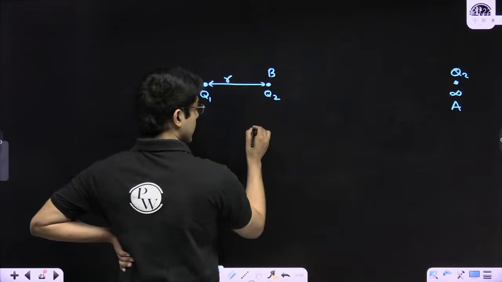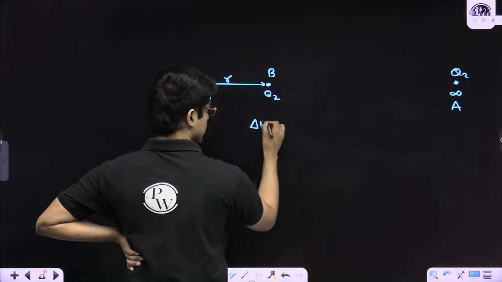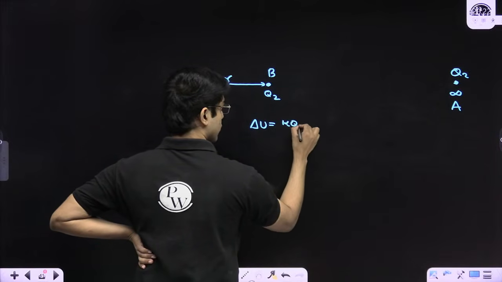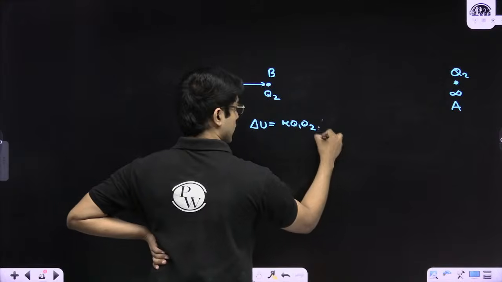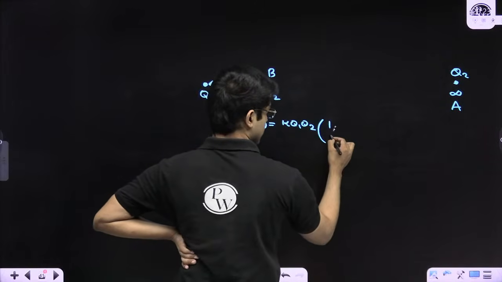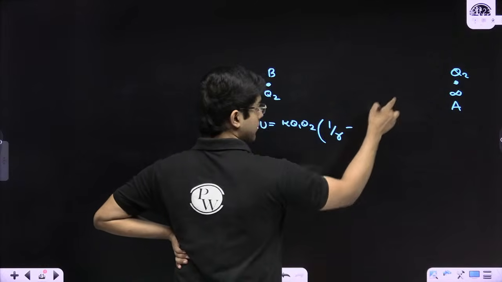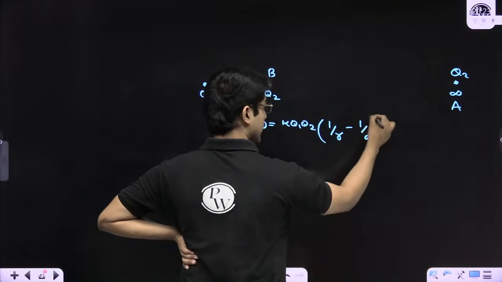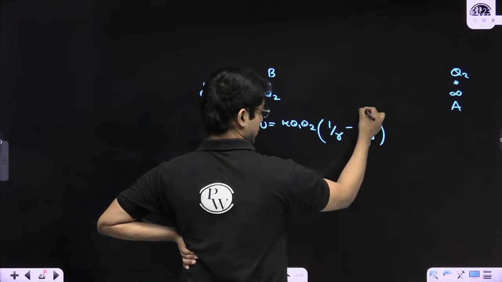So from there to there, what is the change in potential energy? It will be K Q1 Q2 into 1 by RB. So RB is equal to R, minus 1 by infinity. So 1 divided by a very large value tends to 0, right?